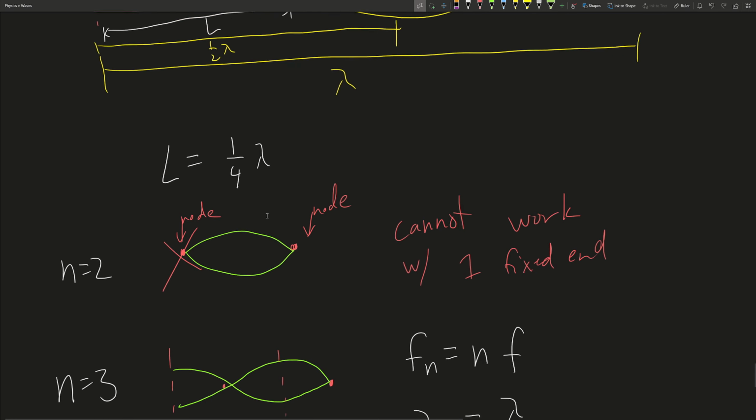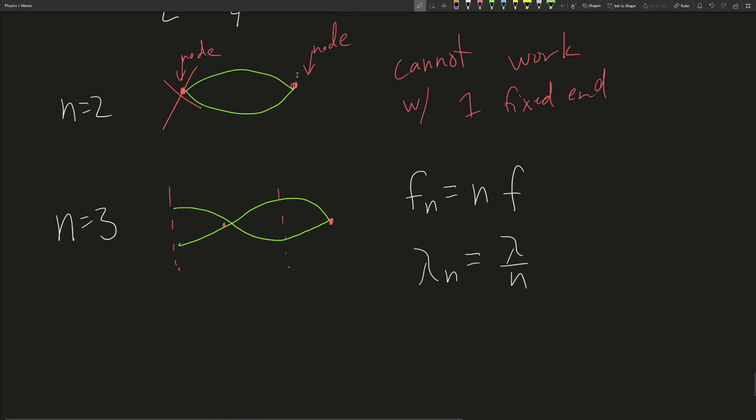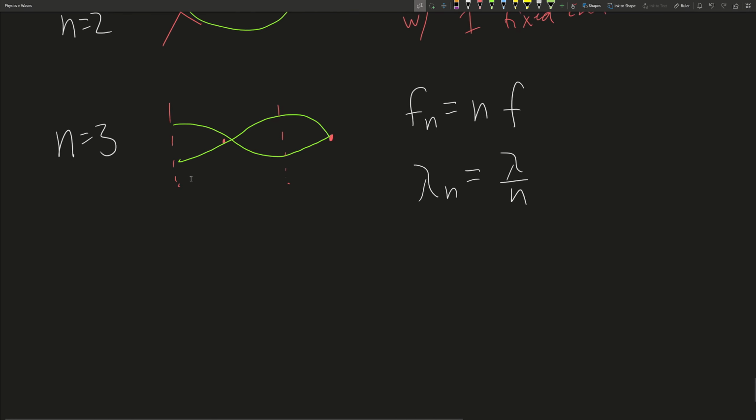But then you can see that the n equals 2 harmonic isn't possible. And the n equals 4 harmonic is also impossible, because it would result in a wave that looks like this, where you have 3 nodes, but you have 2 nodes on the ends. So n equals 4 does not work.